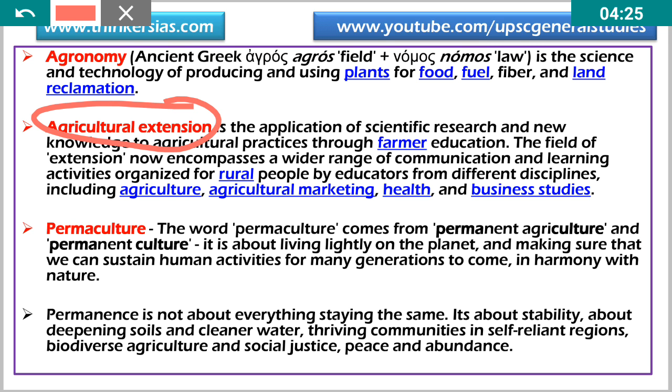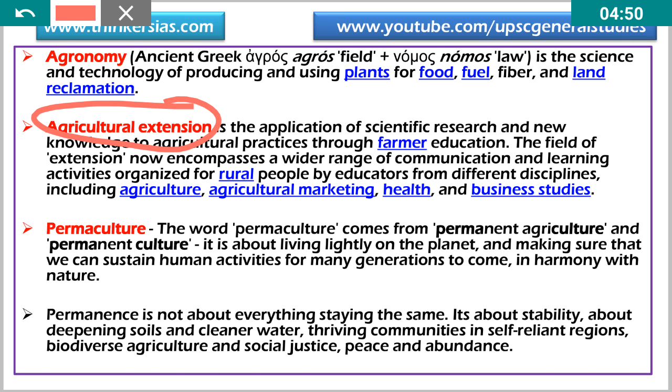In conventional classes we teach first theory and then practical. In agriculture extension, first practical is taught and then the theory, in order to create interest for the farmers. So it is farmer education, agriculture education. Extension now encompasses a wide range of communication and learning activities organized for rural people.